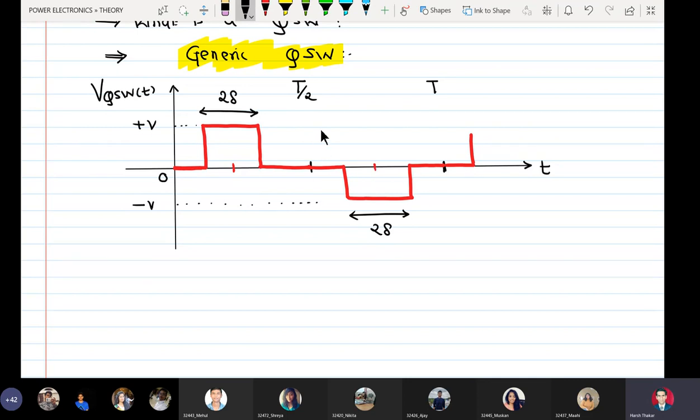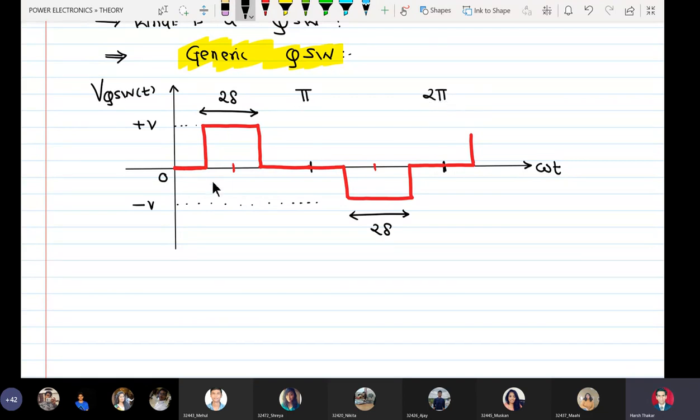So if I say that this system follows the 50 hertz system, then what will it become? There will be changes. This will become omega t. Instead of T by 2 and T, this will become pi, and this will become 2 pi.